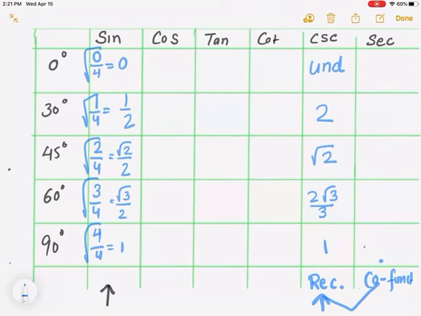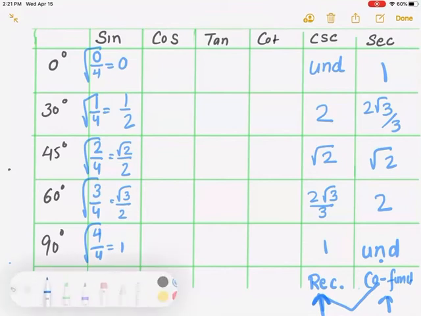So this would be undefined down here, then 2 here, radical 2, 2 radical 3 over 3, and 1. Basically, taking this whole column, you just flip the column, and that would be your secant value. Once you have secant, you can follow the same co-function identity down here.